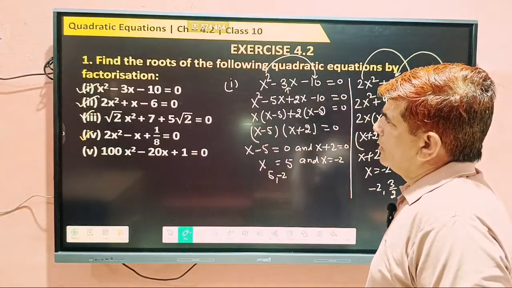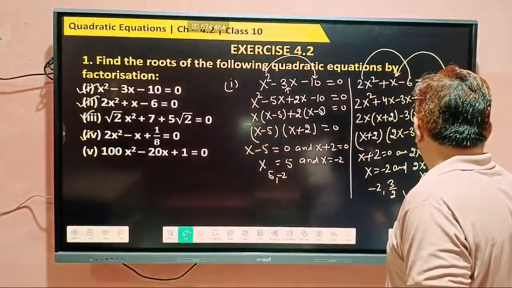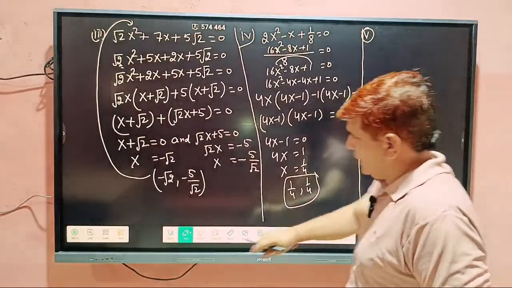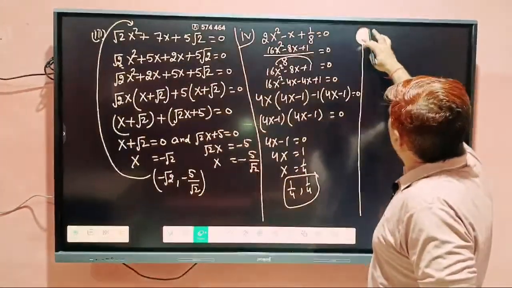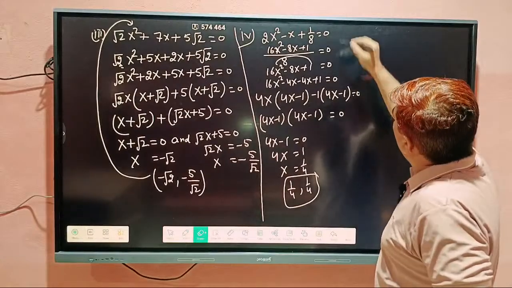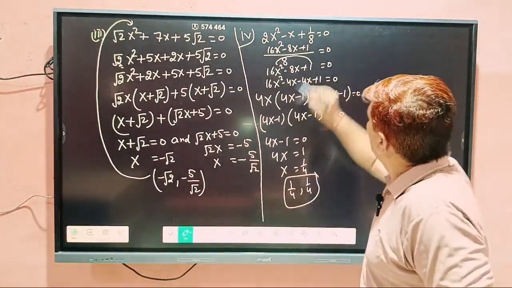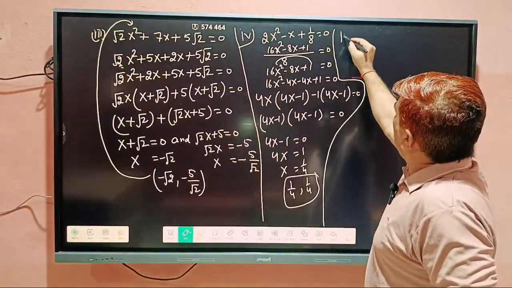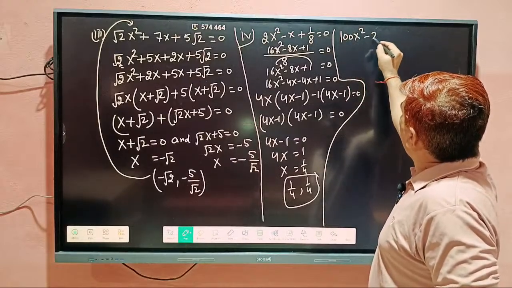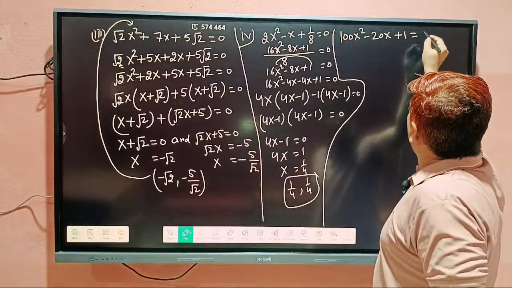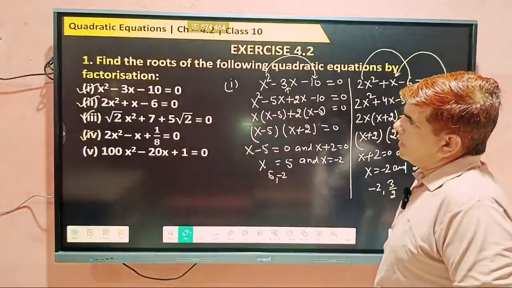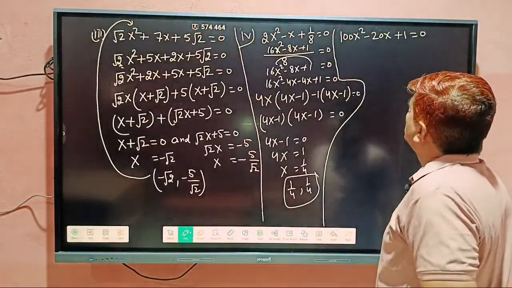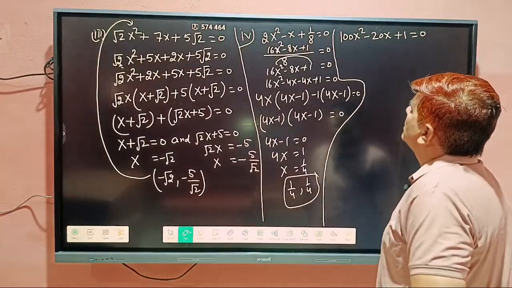So from here we can write 100x square minus 20x plus 1 equal to 0. Check one time. 100x square minus 20x plus 1 equal to 0. So make its factor.